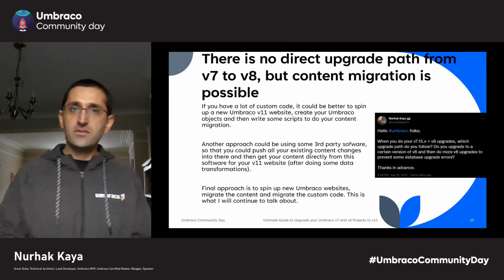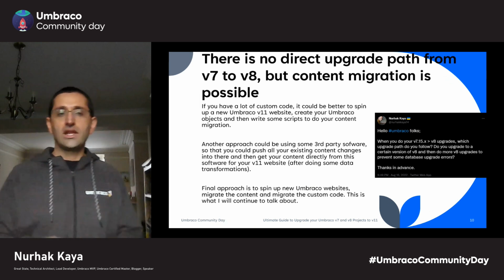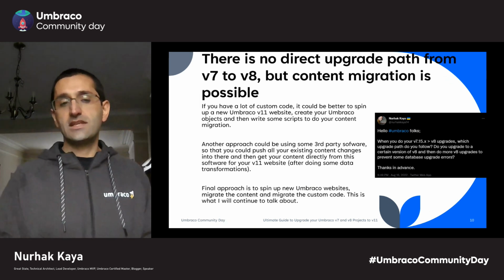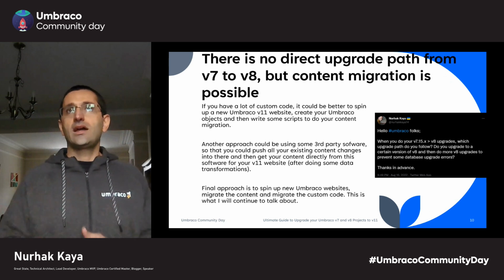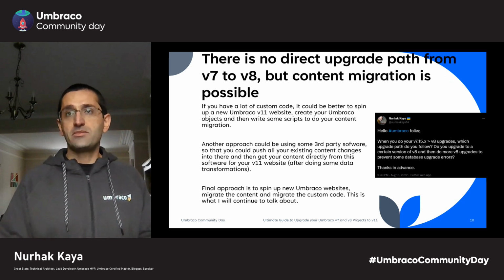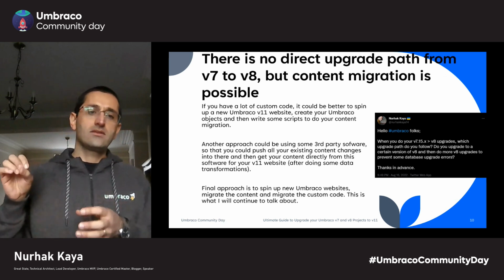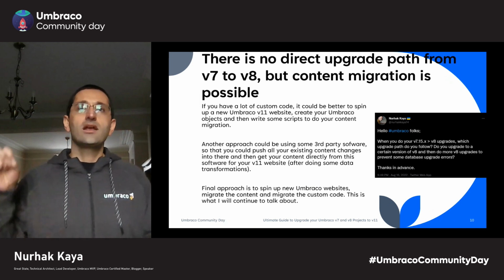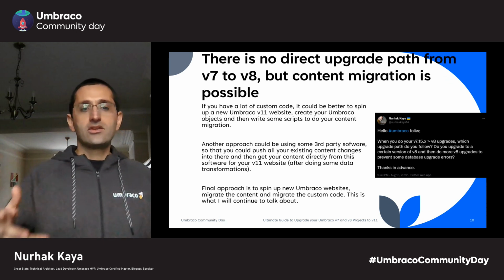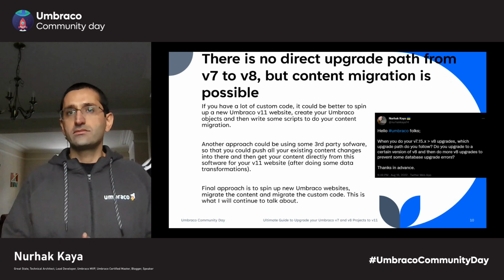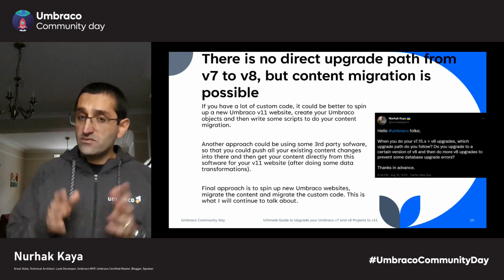You can write scripts that connect to, let's say, your old V7 database, create some JSON files, and then write a little more code to read those JSON files and create your new content in your brand new V11 website. So this is one approach.